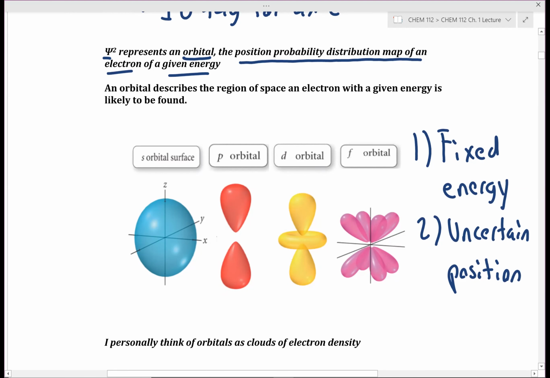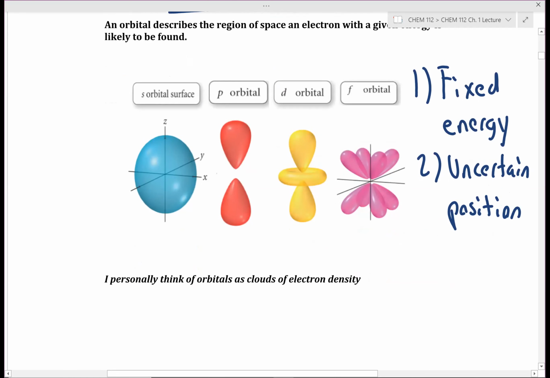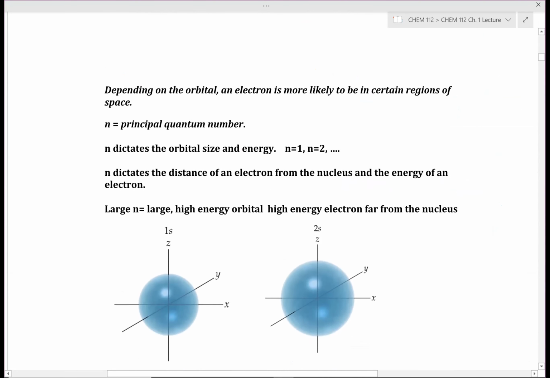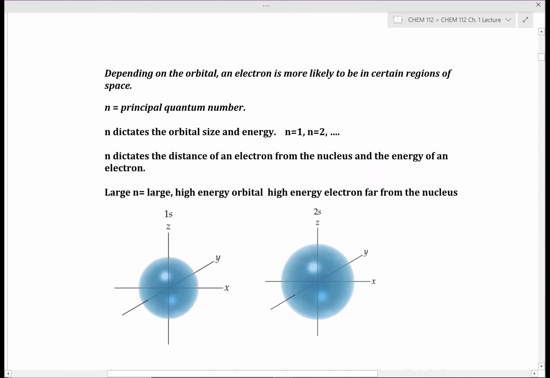And we're going to talk a little bit about how orbital shape depends on these quantum numbers. Everyone okay so far? Okay. So we have these orbitals. And now let's talk a little bit about how these quantum numbers affect orbital size, shape, and energy.